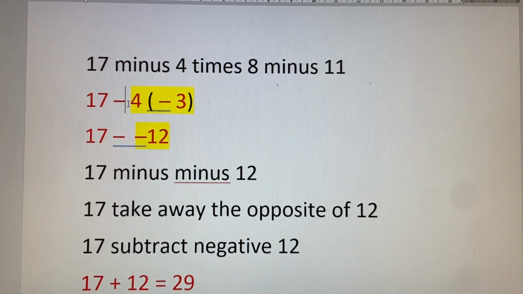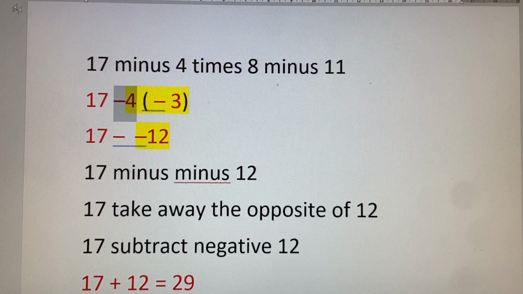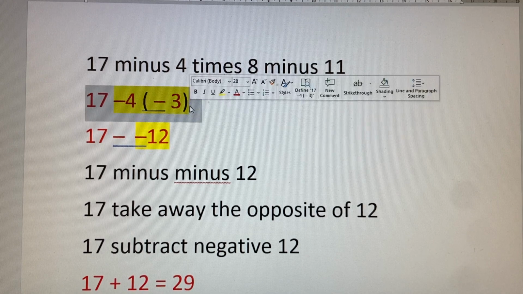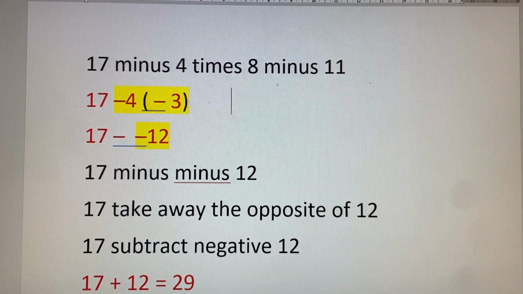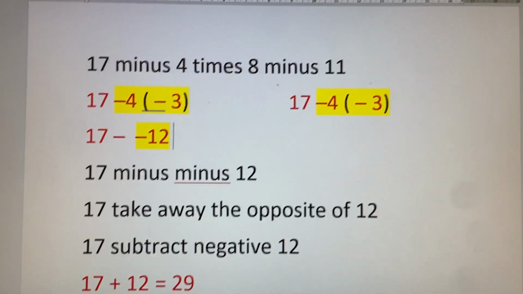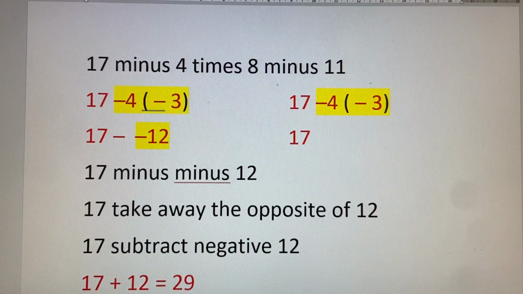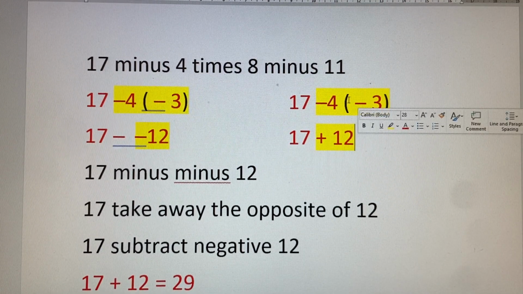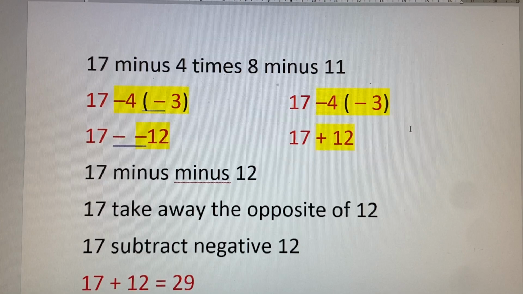Now when this minus 4, this 4 is thought of as negative 4 in one unit, then negative 4 times negative 3 becomes, I'm just going to copy this one over here, then it becomes 17 plus 12, where negative times negative is positive, and 4 times 3 is 12, and this 3 is a negative 3 in this sense as well.